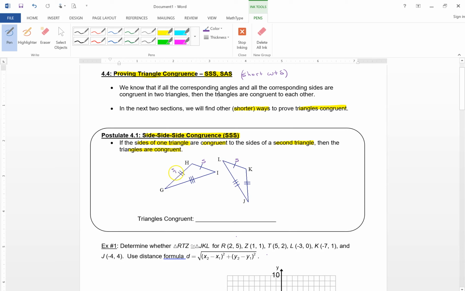We have another side congruent to another side, and a third side congruent to a third side. Therefore the triangles are congruent. So we say triangle GHI is congruent to triangle JKL.